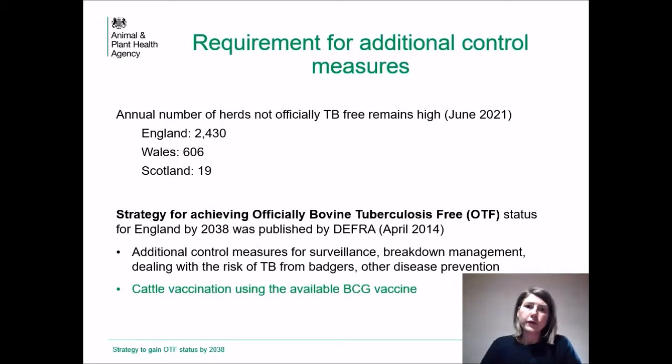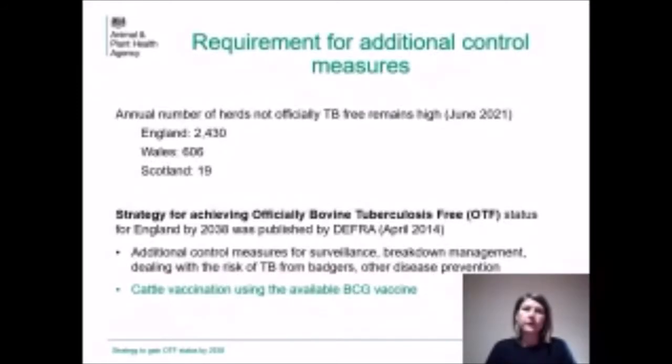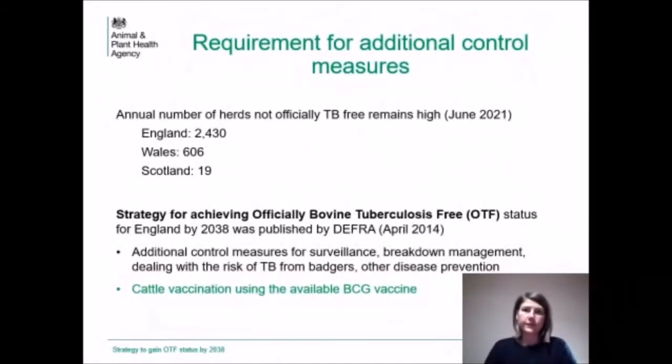The annual number of herds not officially TB-free unfortunately remains high. So in June 2021, there were still 2,430 herds in England classified as not officially TB-free, and this really highlights the requirement for additional control measures. And the government realized that several years ago and developed a strategy for achieving officially bovine tuberculosis-free status for England by 2038.